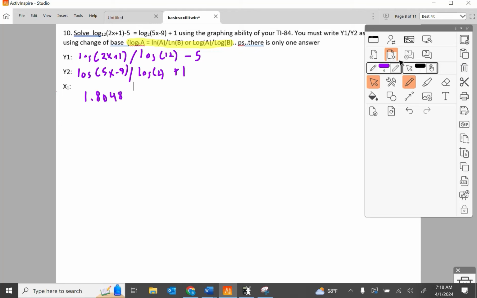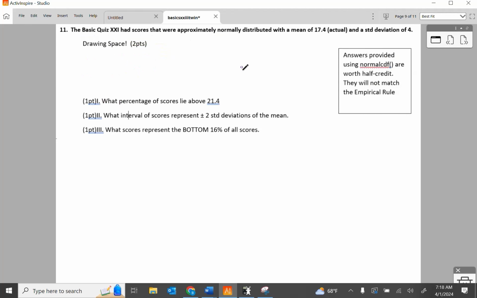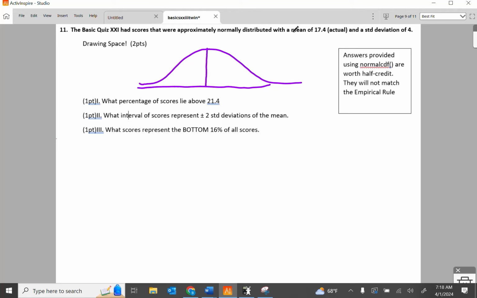So here's an empirical curve problem. It's the bell curve. And the mean, the middle value, is 17.4.